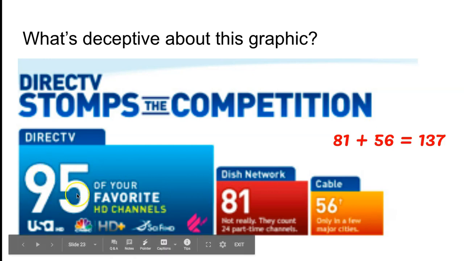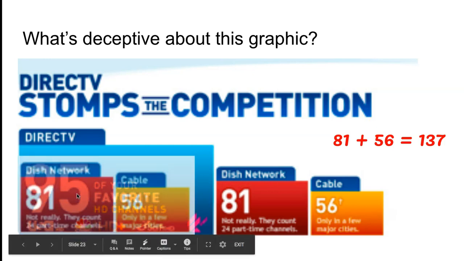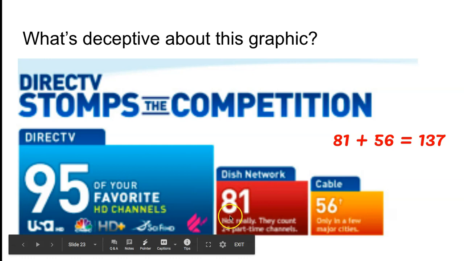It should be 95 channels, but the sizes of the boxes are really deceptive. It makes it look like, because of the bigger font and the nicer color, obviously DirecTV has something they're trying to convey here, but the heights and the areas aren't really proportional, comparing this 56, this 81, and this 95.